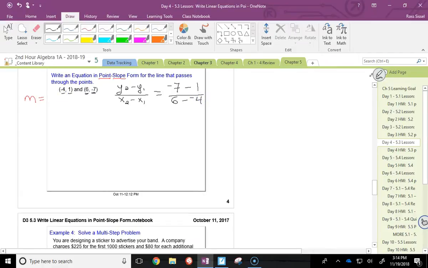That's the important part. Make sure I use my minusing a negative. Equals negative 7 minus 1 is negative 8, over 6 minus negative 4, which turns into a positive, 6 plus 4 gives me 10. This can simplify if I divide by 2. Negative 4/5. That would become my slope.